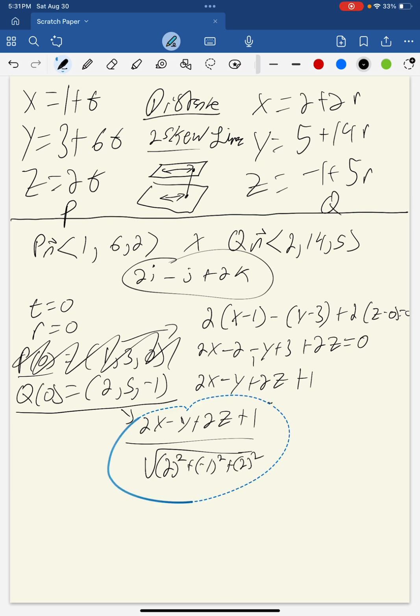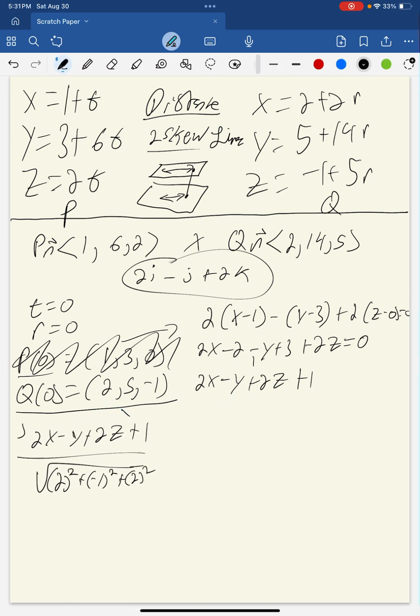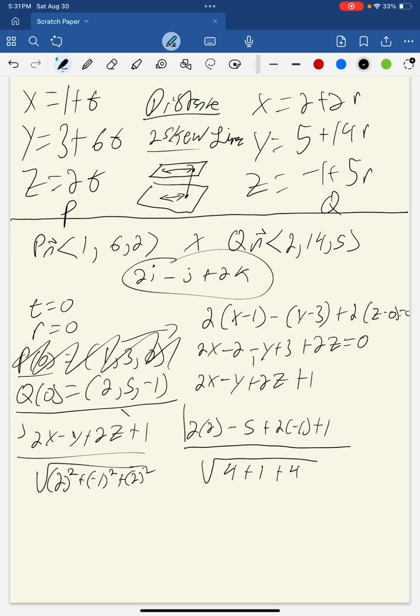Let's move this. There's not enough space. Boom. So this will be 2 times 2 minus 5 plus 2 times negative 1 plus 1 over, this will be 4 plus 1 plus 4. And to preface, make sure you take the absolute value of the top part, because it is distance, and distance, regardless of if it's positive or negative, is still distance.